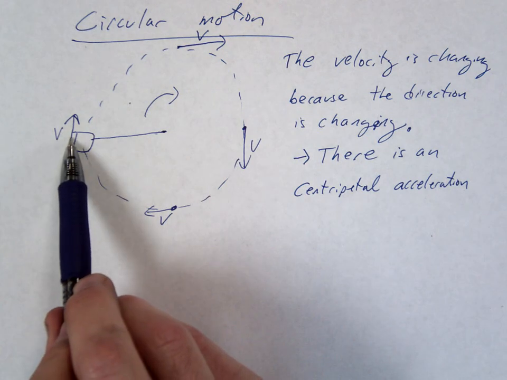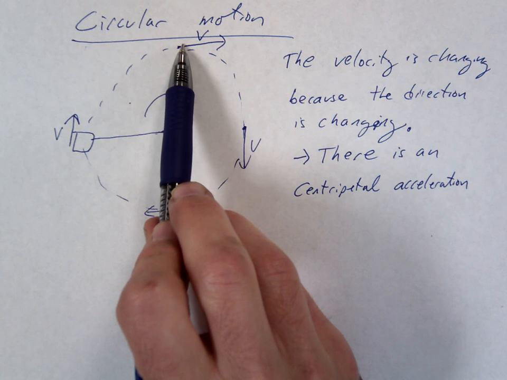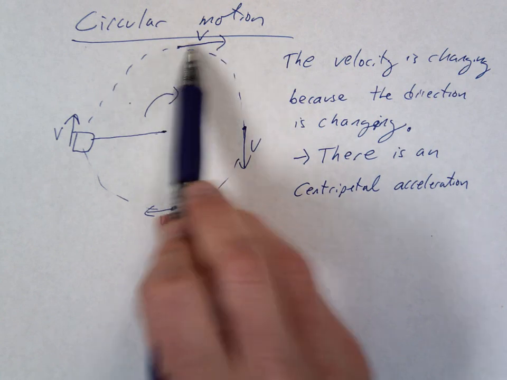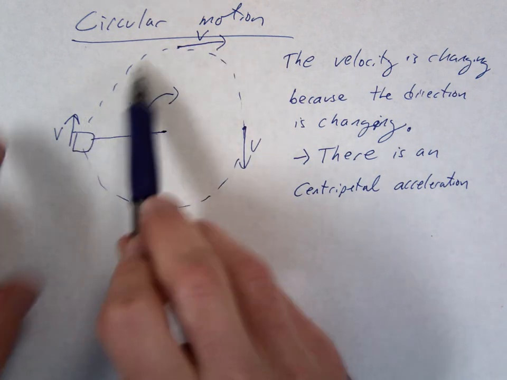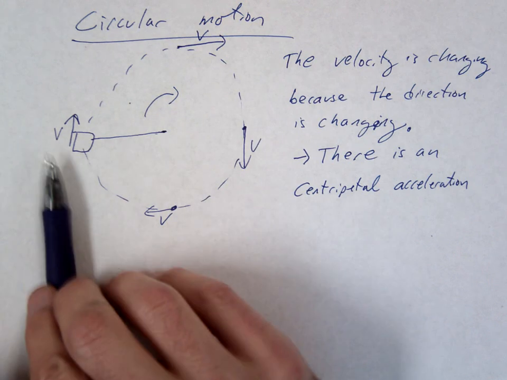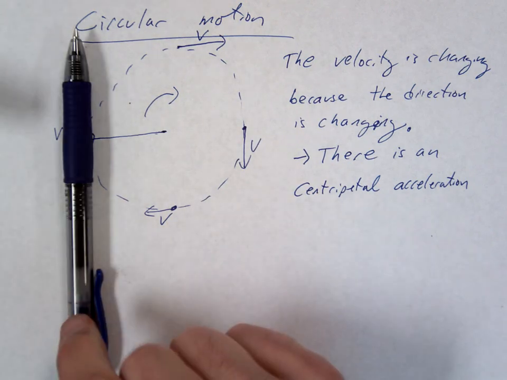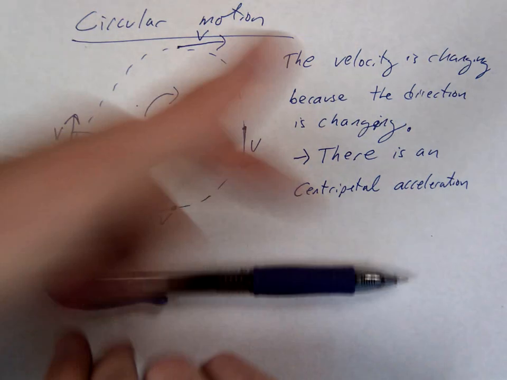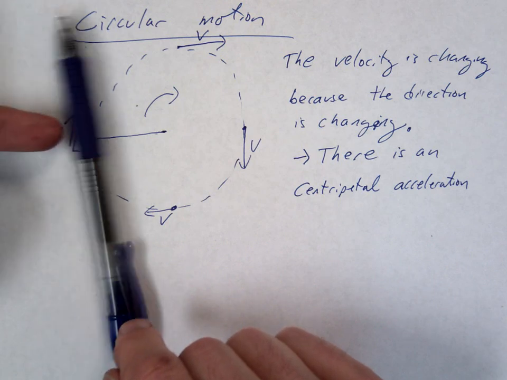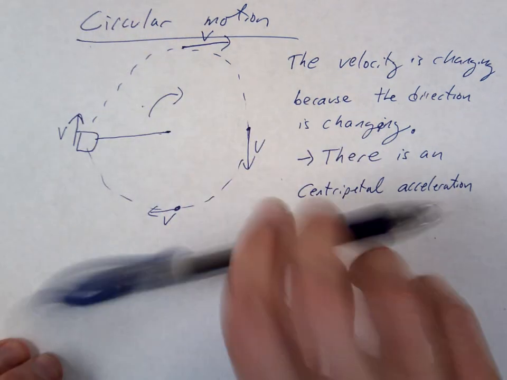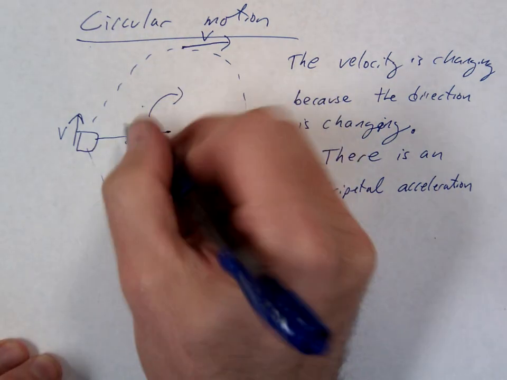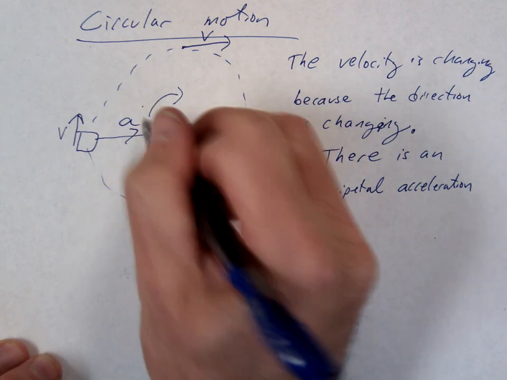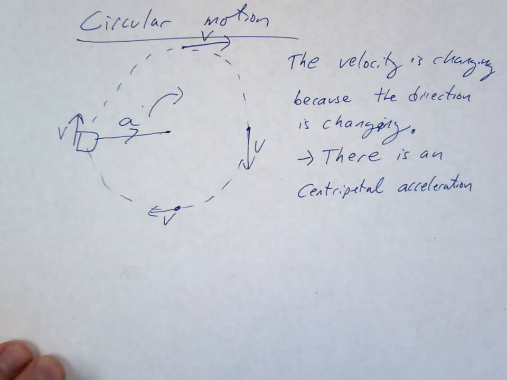So let's look at this point. Notice here we're going north, and eventually we're going to be going east. So there has to be an acceleration to get us to go east, right? The stopper's moving up. Something's going to have to push it to get it to go east. Well, what direction should that push be? It should be east, right? So there's going to be a push this way that's going to provide an acceleration in that direction.